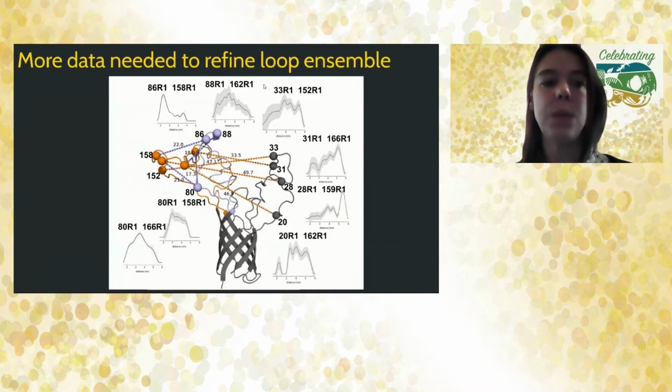And indeed, with her predictions and not with our selections, we got specific distances that don't just have these broad Gaussian distributions that you would expect for a random distribution of states. So distances like 86, 158 or 28 and 159 are the ones that are going to give us informative information about the ensembles.